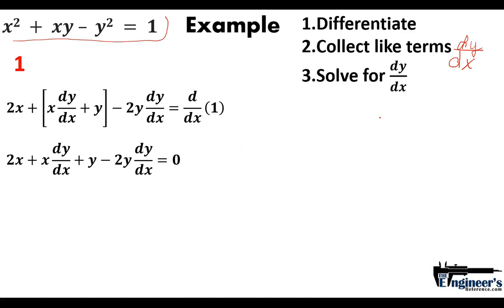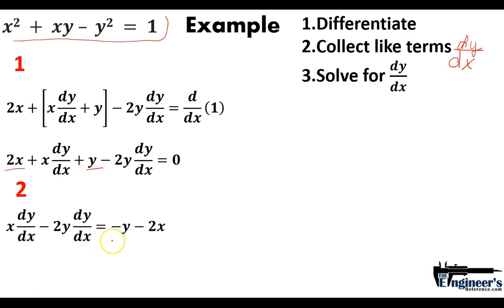We actually went through the differentiation. Step 2, we're going to collect like terms. That means separating the terms with dy over dx from the ones that don't have dy over dx. We're going to separate those by subtracting from both sides. In this case, we're going to subtract 2x from both sides and y from both sides.